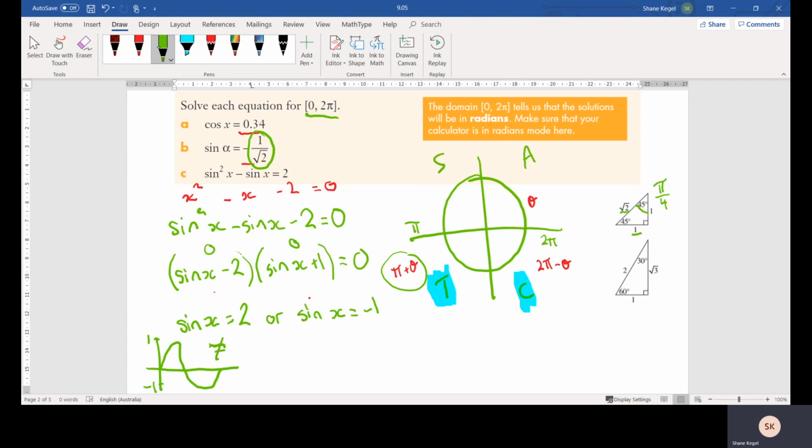Whereas sine x equals -1 has a solution. And if we think back to our graphs, sine equals -1 at this point, which from our standard sine graph we know that this value is 3 pi on 2. So x would give us 3 pi on 2.